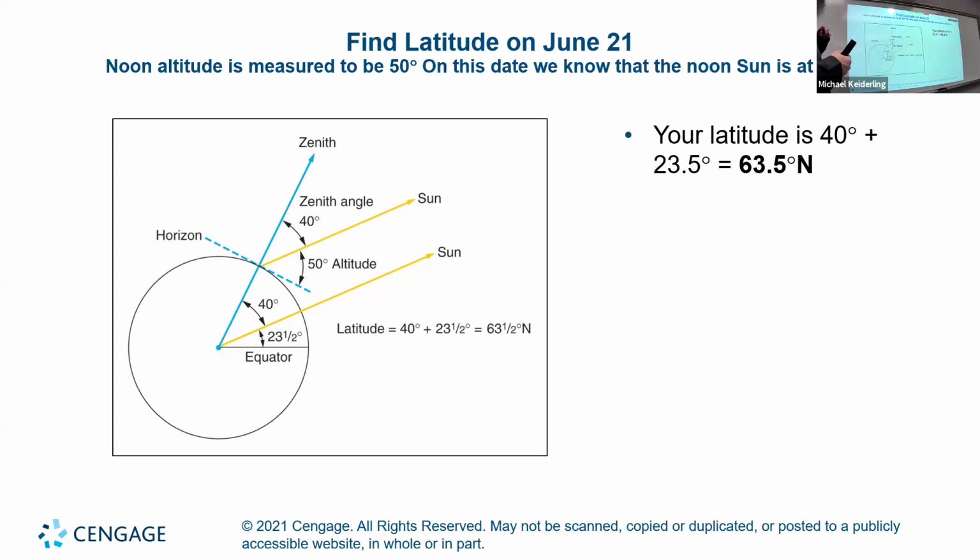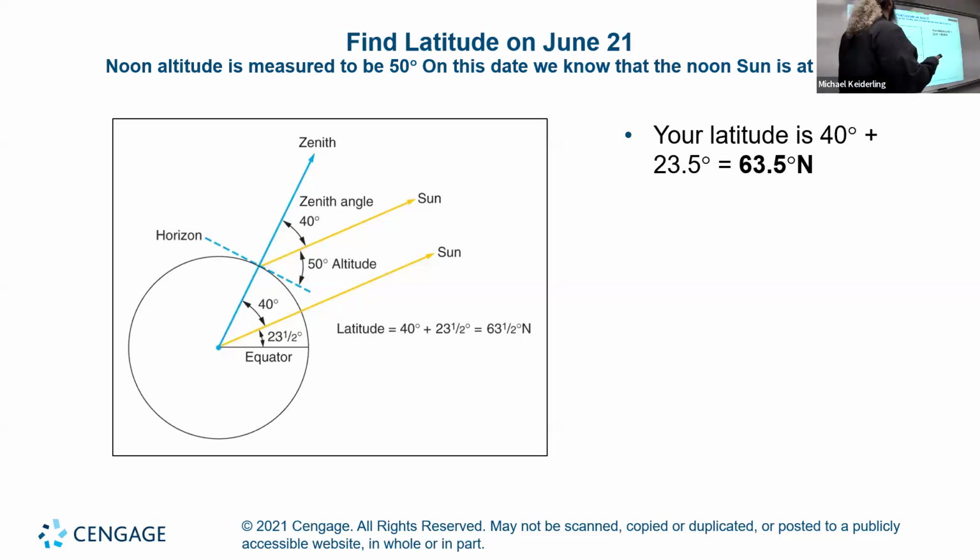That means the zenith angle is 40 degrees. And our latitude will be our zenith angle plus the location of the sun. So the 40 degrees turns out to be the angle from where the sun is directly overhead to our current zenith. So to find your latitude, that will be 40 degrees plus 23.5 degrees, or 63.5 degrees north.